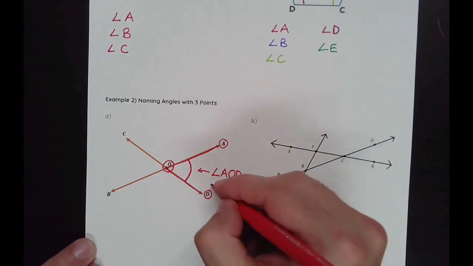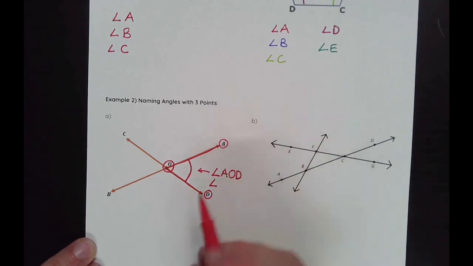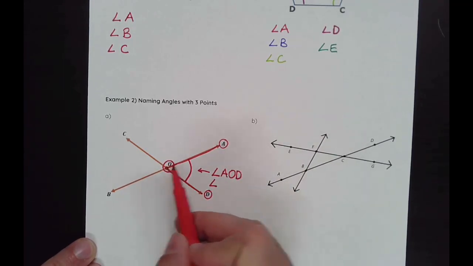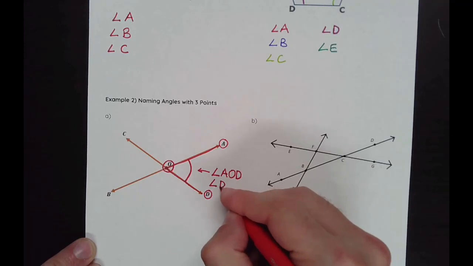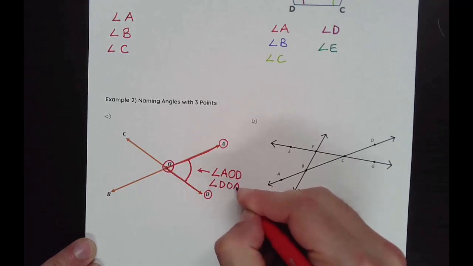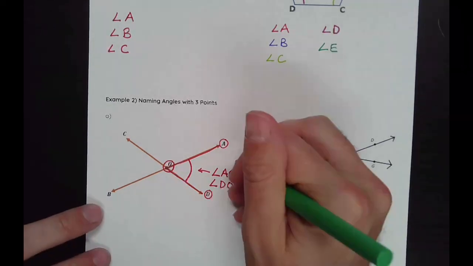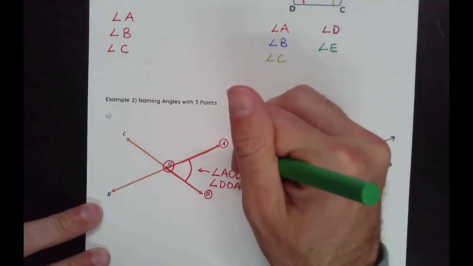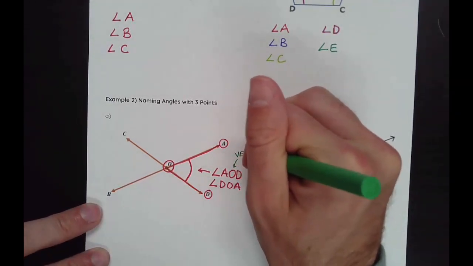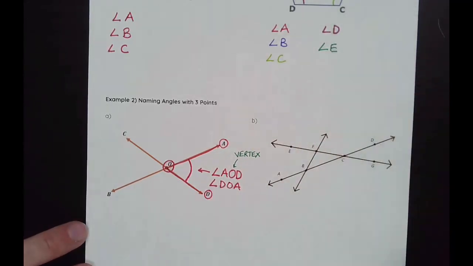I could also label this angle D, O, A. Noting that in both versions, my vertex is in the middle.